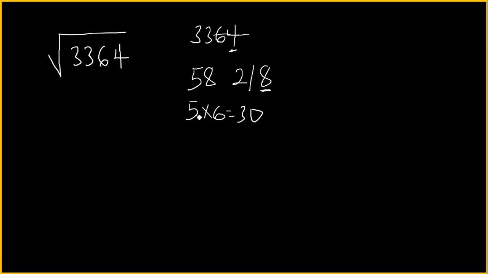So 58 becomes our result for the square root of 3364. Okay, so now let me give out another example. Is this not interesting? Very interesting.